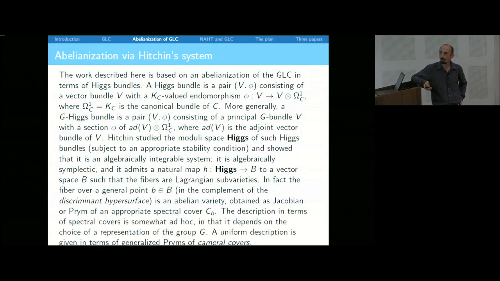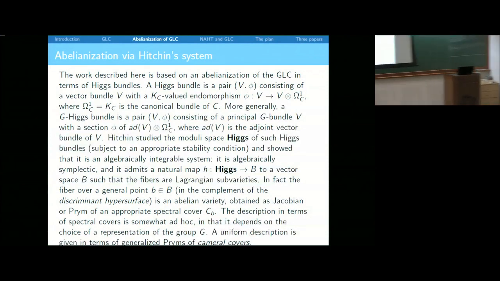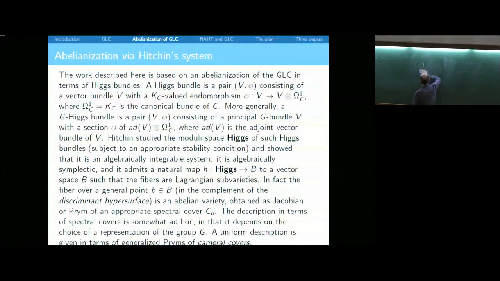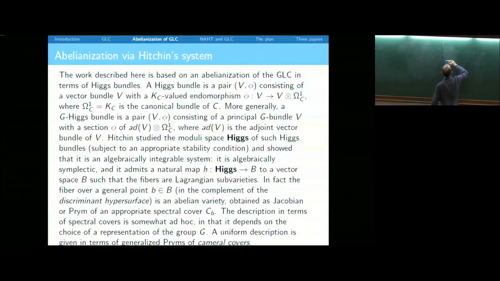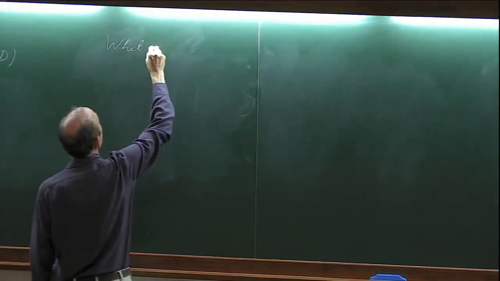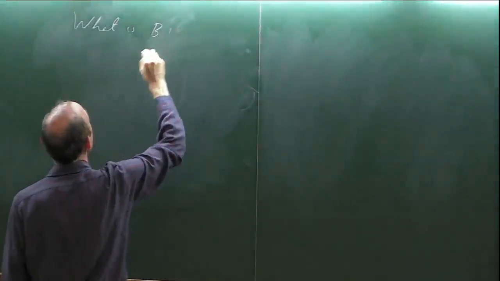Okay. So the description in terms of spectral covers is a little ad hoc in that it depends on choosing a representation of the group, and there's a more uniform description in terms of generalized Prym varieties. So what is the Hitchin base?